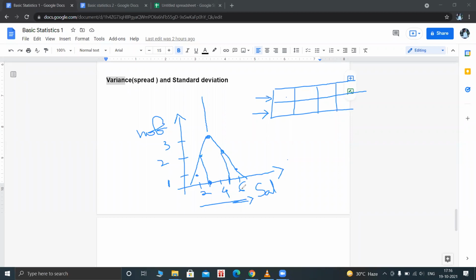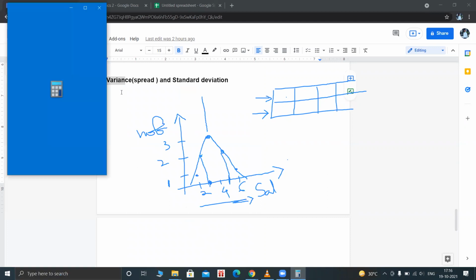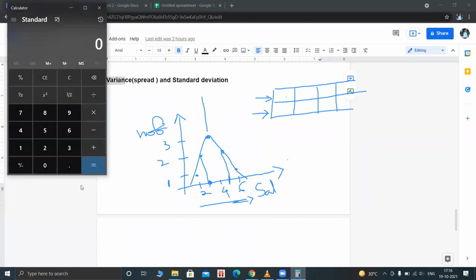Okay, let me do it, guys. So it was basically 2 plus 3 plus 4 plus 5 plus 6, divided by, so how many data points were there? 1, 2, 3, 4, 5, right?